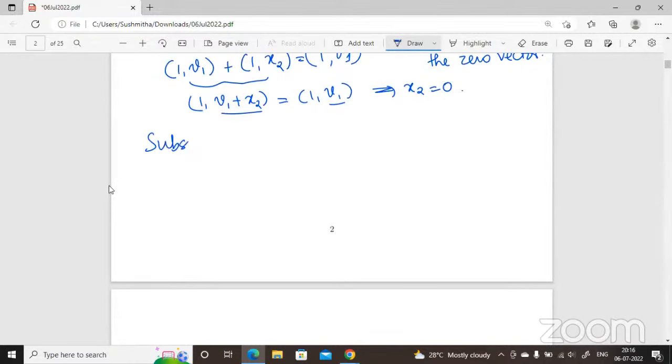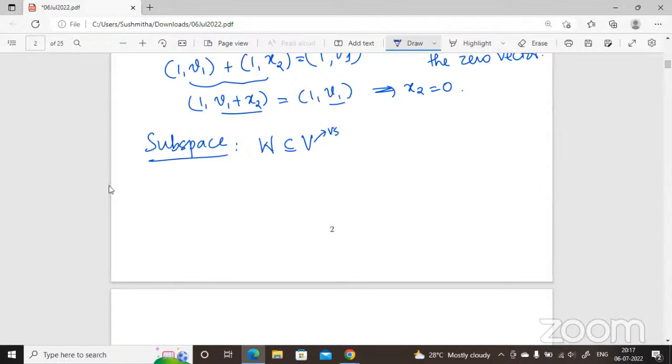What is a subspace? What is a subspace of a vector space? It is a part of the same vector space, and it is also closed under addition and multiplication of its own. Okay, so it is a subset of a vector space which is a vector space in itself.